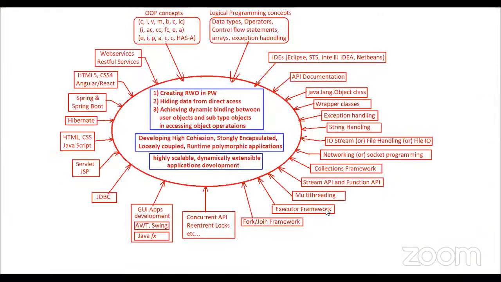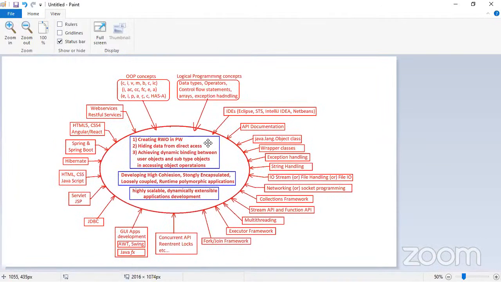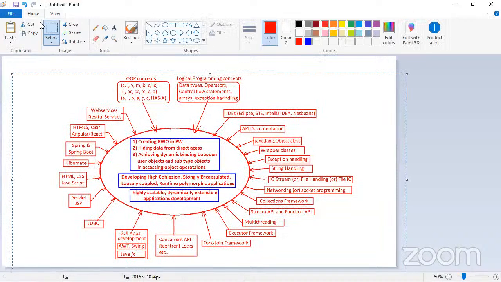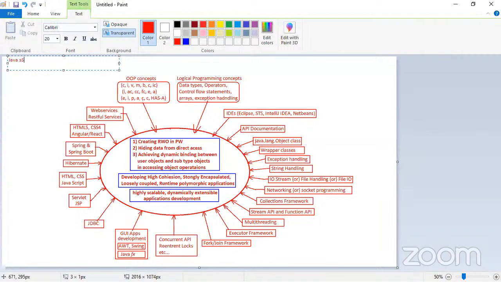So now look at this diagram. Yes, this is the final diagram. I hope you got clarity on what you are learning and why you are learning. So what is the heading of this topic? Java SE and EE API (library).